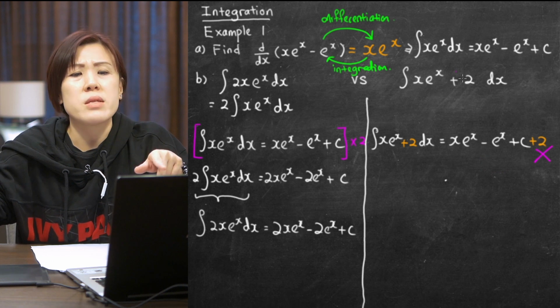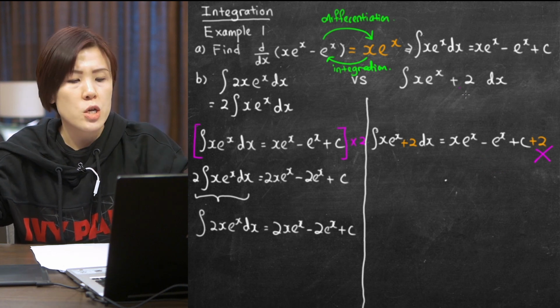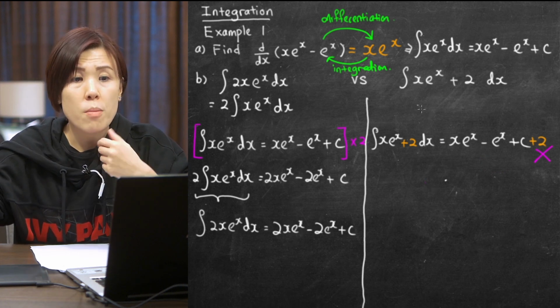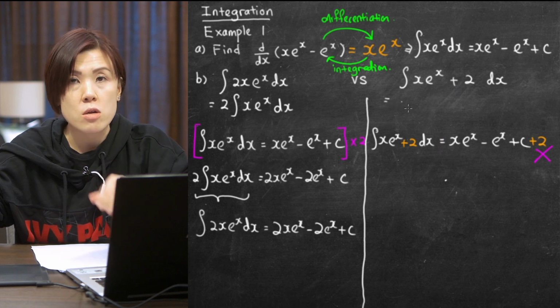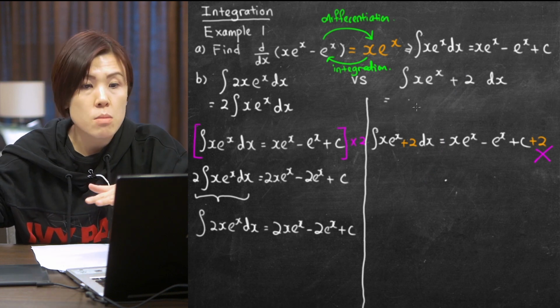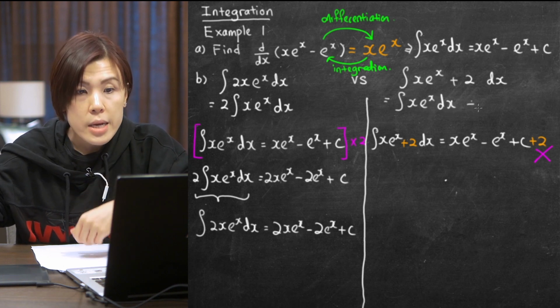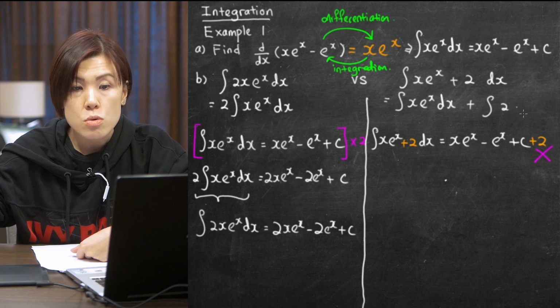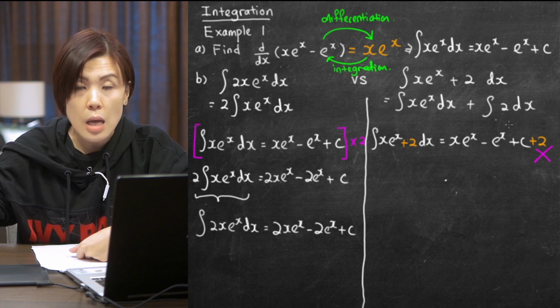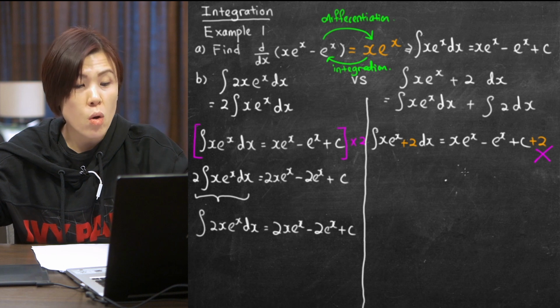Okay, what do you understand about these integrations when there's additions? When there's additions, normally when you do integrations, you need to integrate one term, then followed by another term. What I mean is you need to integrate x e to the power of x, then followed by the integration of 2 dx. This is how you do integrations when there's addition or subtractions.